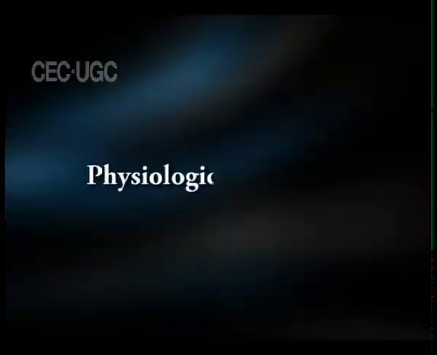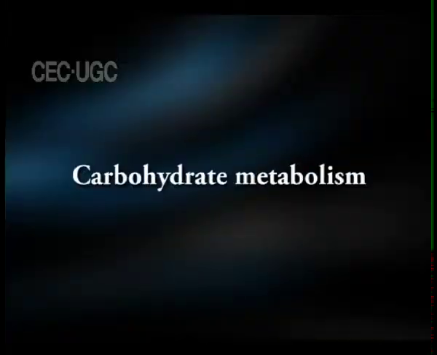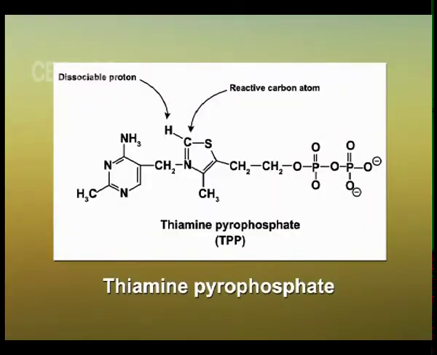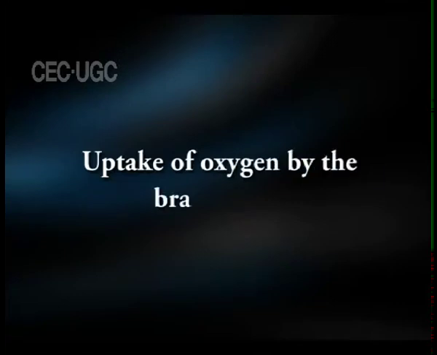The physiological functions. Number 1, thiamine is involved in carbohydrate metabolism. Number 2, thiamine pyrophosphate TPP plays an important role in the transmission of nerve impulse. Number 3, thiamine is also responsible for the normal uptake of oxygen by the brain tissue.